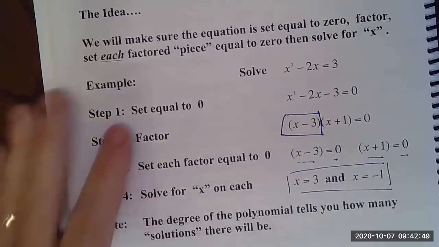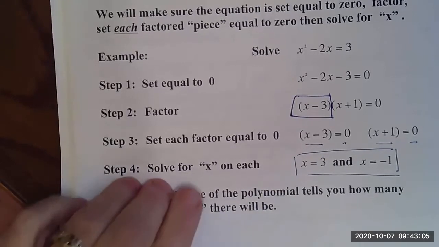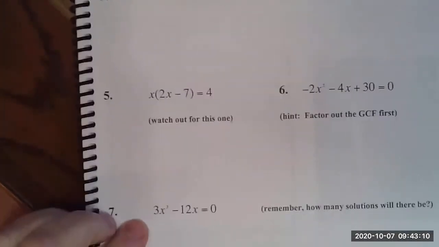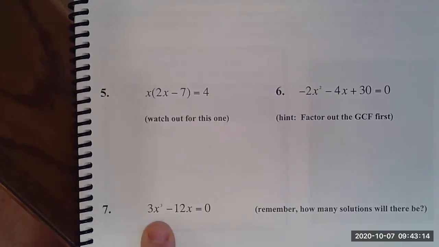And it turns out, which is true, the degree of the polynomial, if it's a quadratic, it's always degree 2. That means there's going to be 2 answers. If the polynomial is degree 3, 3 answers. If it's degree 4, 4 answers, and so on. How many answers would I be looking for here? 3 answers.